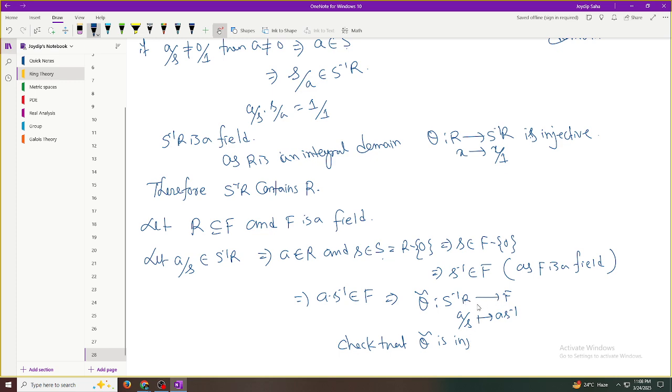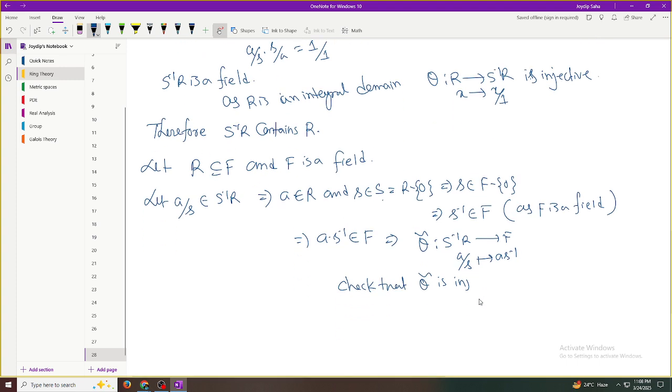Both are fields. So kernel is either 0 or whole S inverse R. Okay. So a by s, check that theta tilde is a morphism. That's easy. All are easy.